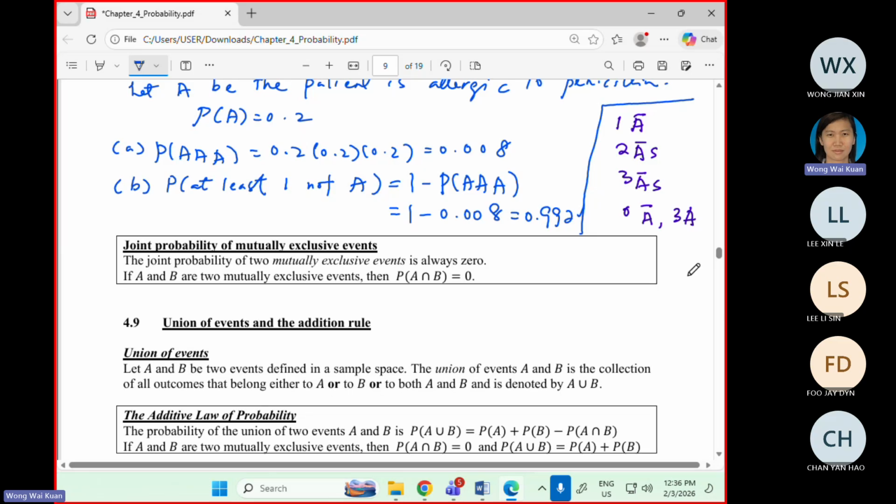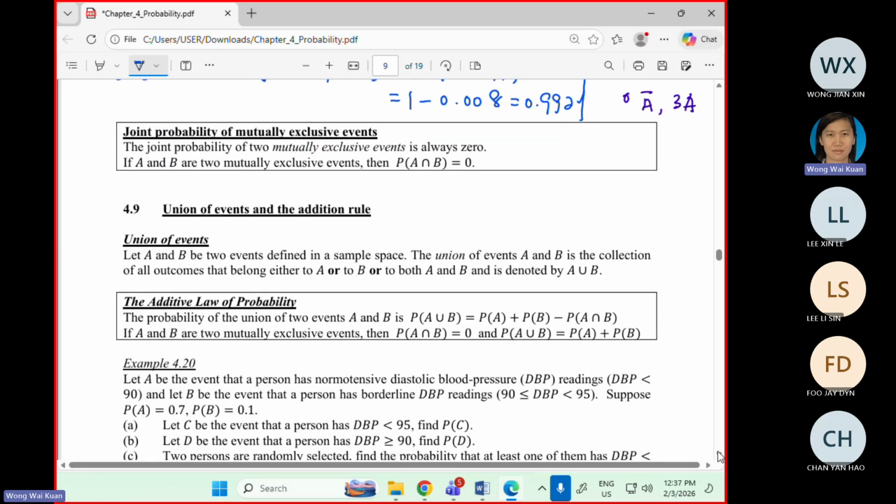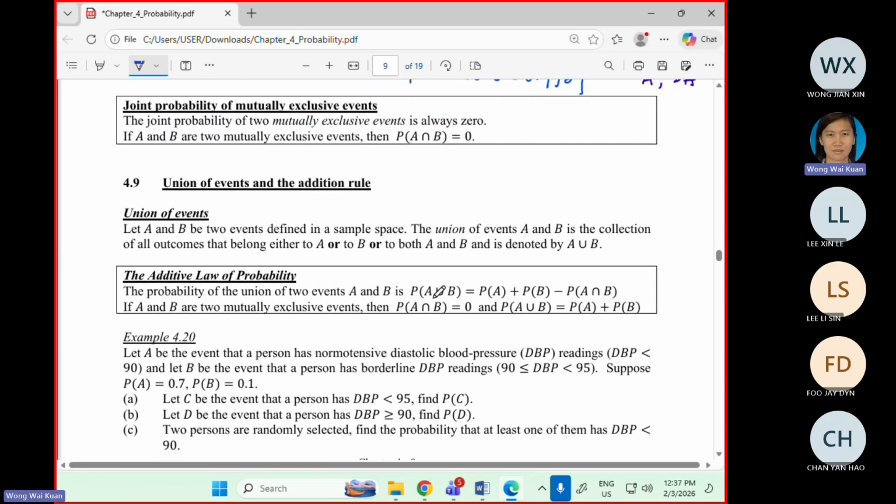The additive rule for the probability of A union B is probability of A plus probability of B minus probability of A intersect B. If they are mutually exclusive, then you need to sum only these two, right?